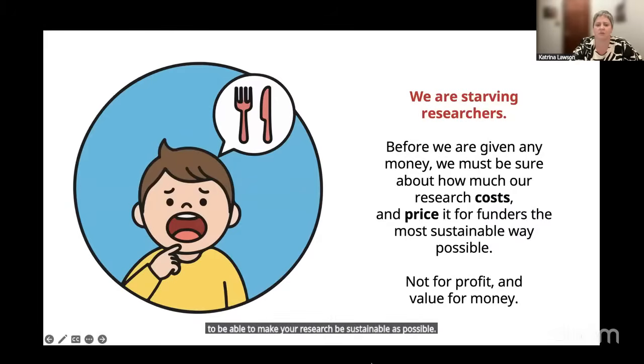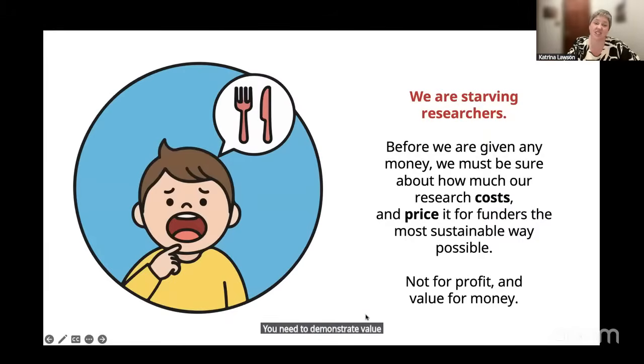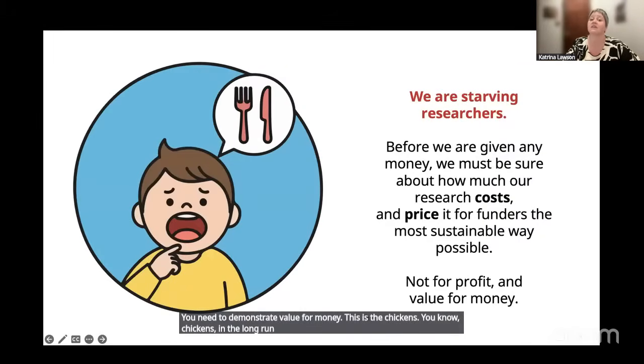You also need to be aware that in most cases, this is not for profit. You can't just say, well, I want you to give me more than I need. You need to demonstrate value for money. This is the chickens. Chickens in the long run are going to be cheaper than continuing to provide eggs.